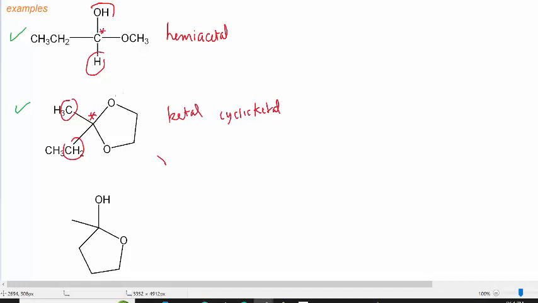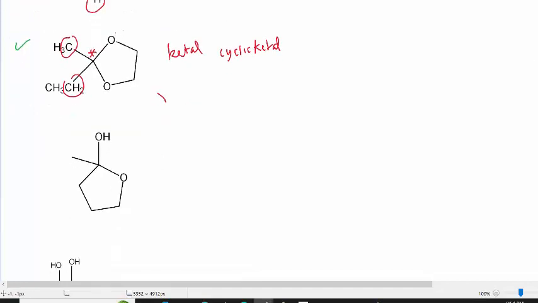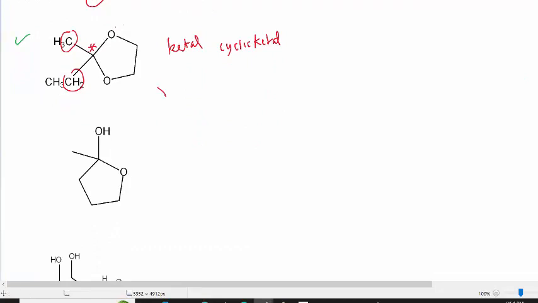All right, let's do the next example. Find the central carbon. Let me ask you to think along with me. So find that, put a little asterisk on it. Okay, that's this carbon here, directly attached to two oxygen atoms.